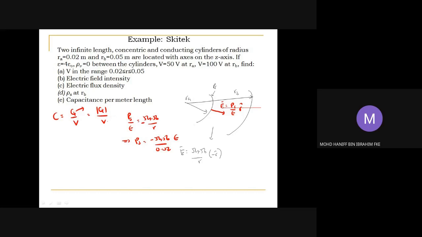We can prove that the charge obtained should be the same as what we obtained previously, whether you use the radius at RA or RB. So the value of capacitance must be the same. Hopefully you understand this example clearly.